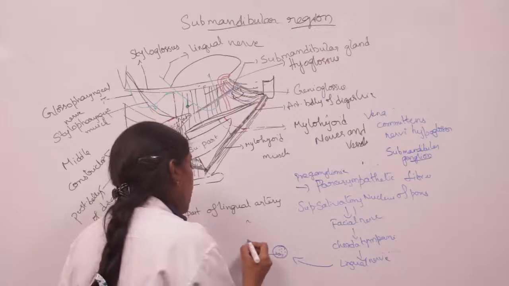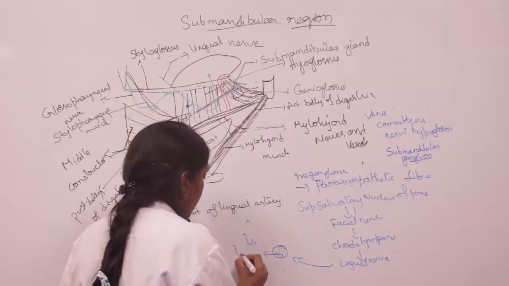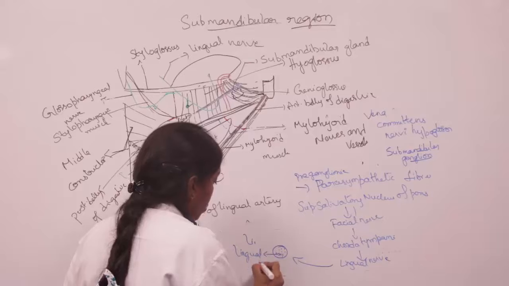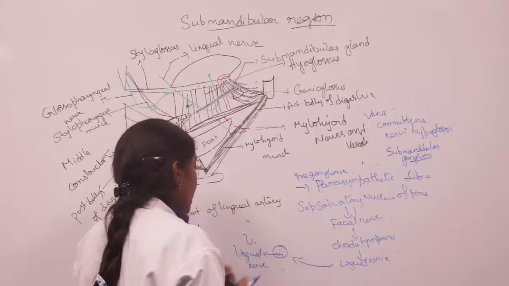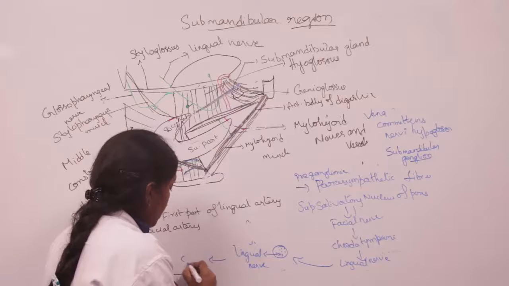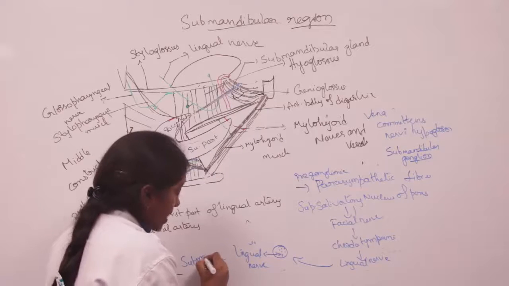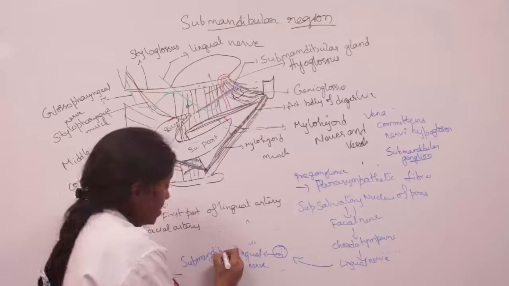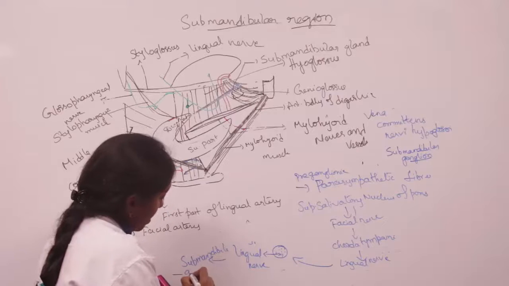And the postganglionic fibers also pass through the lingual nerve, and they supply the gland. They supply the submandibular as well as sublingual glands.